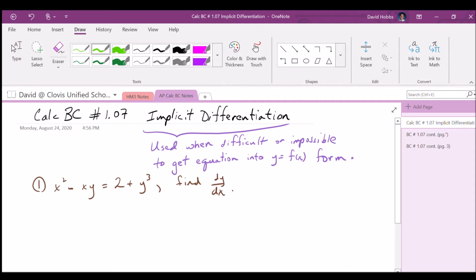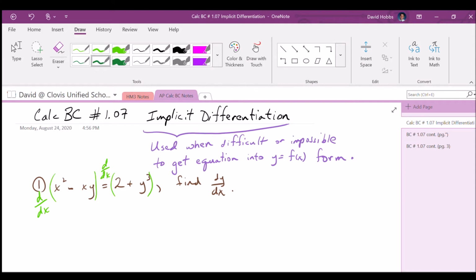Now, some of the methods I've been showing you earlier, I was actually kind of employing implicit differentiation anyway, because what we're really doing is taking the derivative of both sides of the equation with respect to, and you always have to know what you're doing the derivative with respect to. Since we want dy dx, we're going to take the derivative of both sides of the equation with respect to x.